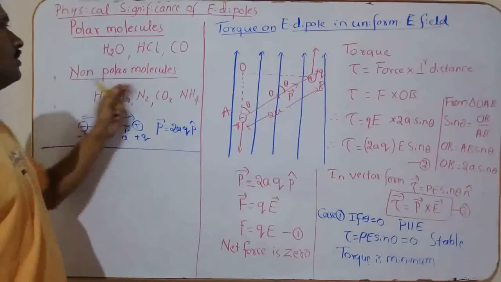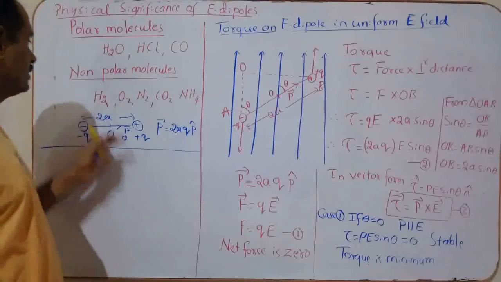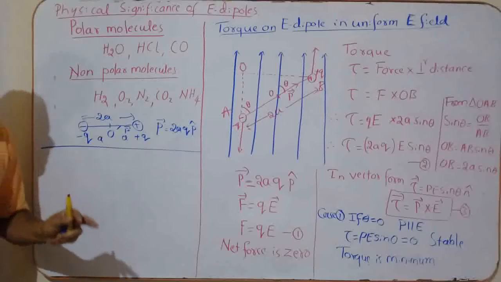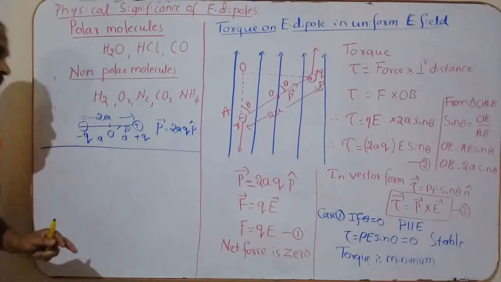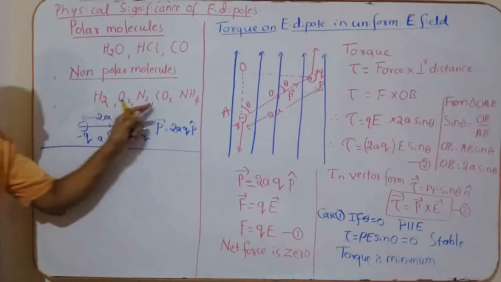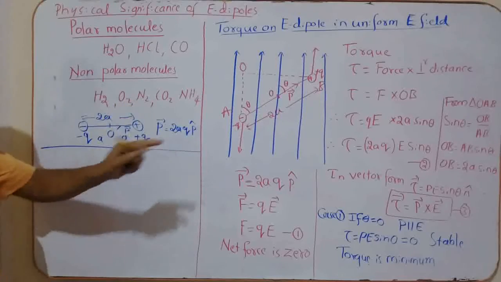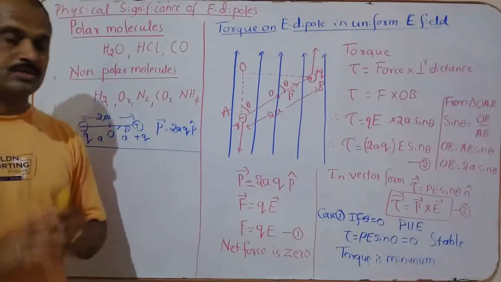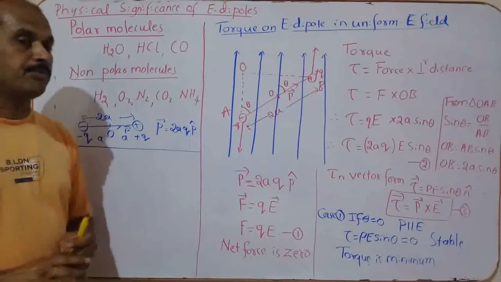Such molecules are called non-polar molecules. Examples: H2O2, N2, CO2 and CH4. In these molecules the centers coincide, and they do not possess an electric dipole moment.